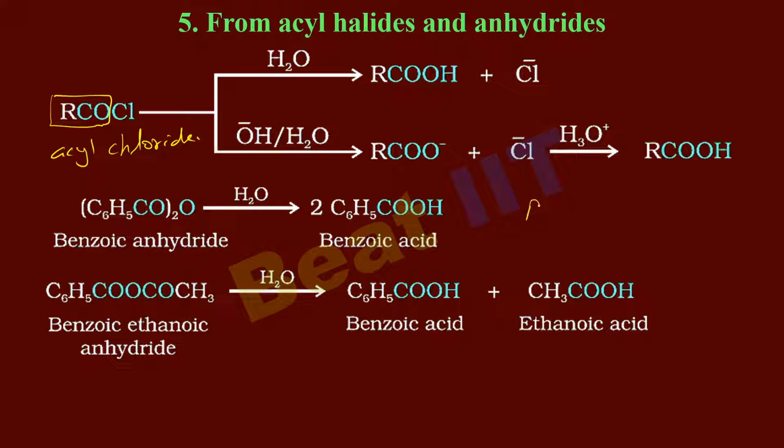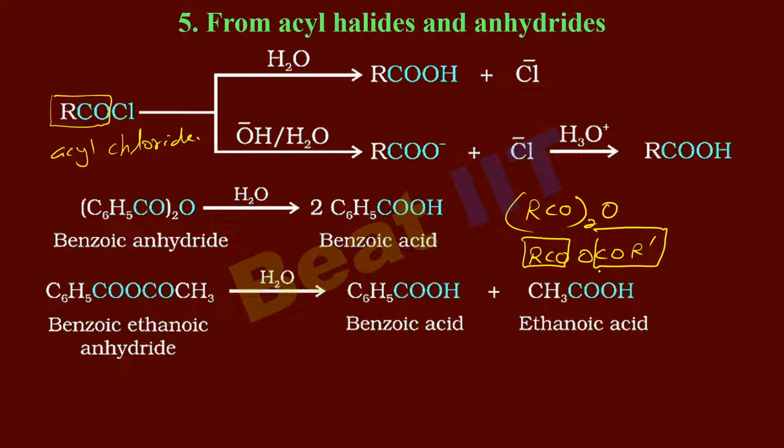Anhydrides are of this type, RCO whole twice O. Or if you don't have the same R in both cases, then it can be RCO, then O, and then another acyl group, COR dash. So this is one acyl group, this is another acyl group.